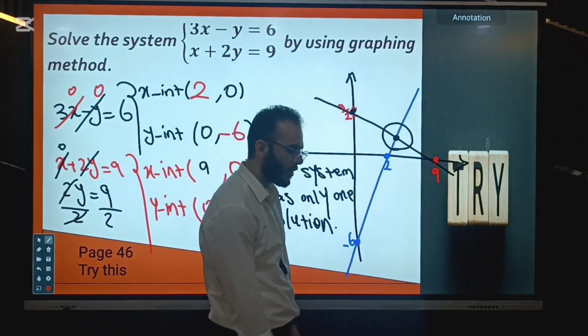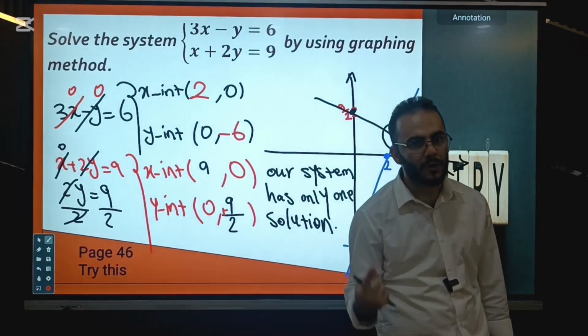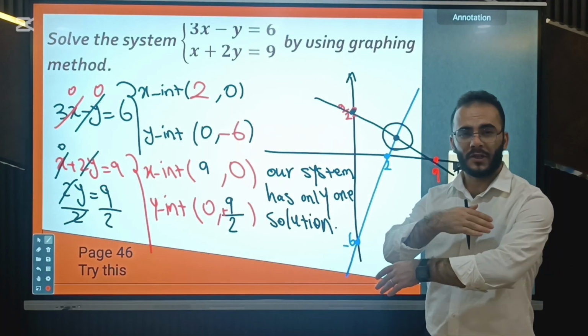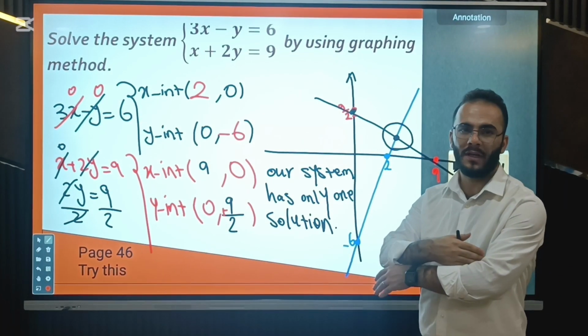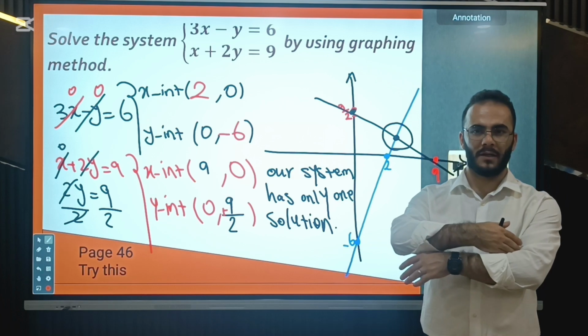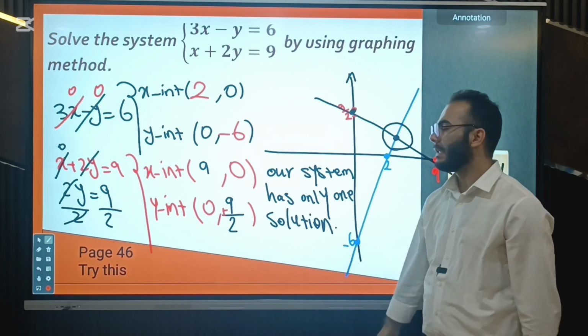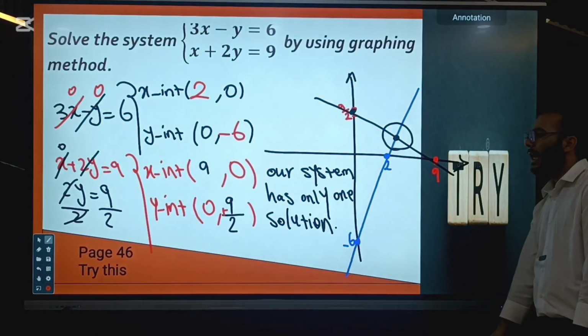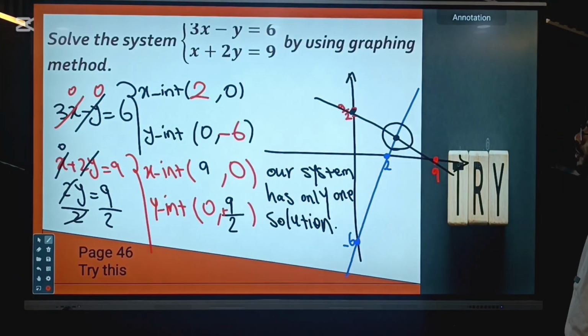That's it. If they intersect each other at only one point, one solution. If they didn't, no solution. And if they were exactly coincident, which is they were over each other, in that case we are going to say infinite solutions. Perfect. And that is the solution of this question.